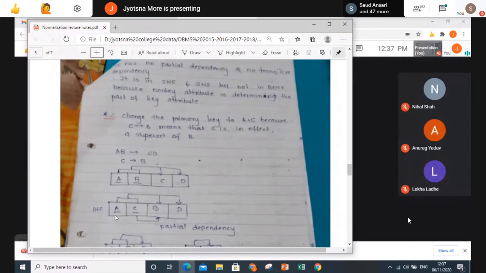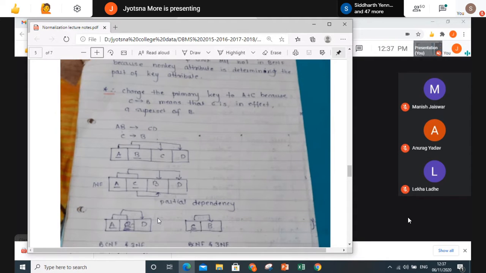So in this case, I will have AC, and here I will have BD, right? So my B will be the key attribute in this case. So C determines B, which is now partial dependency. So I have to solve this partial dependency problem, right?